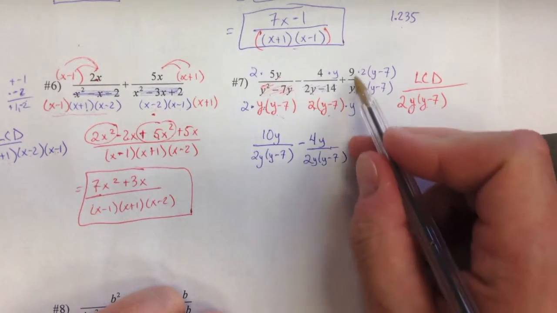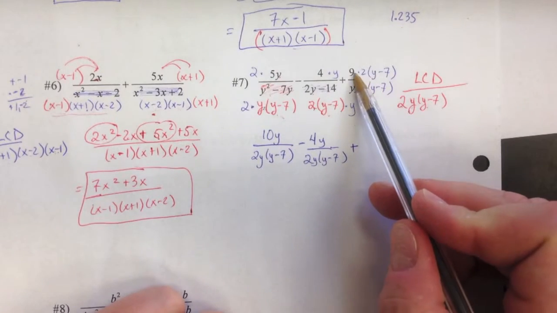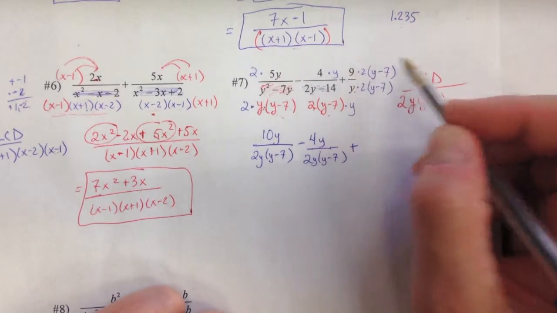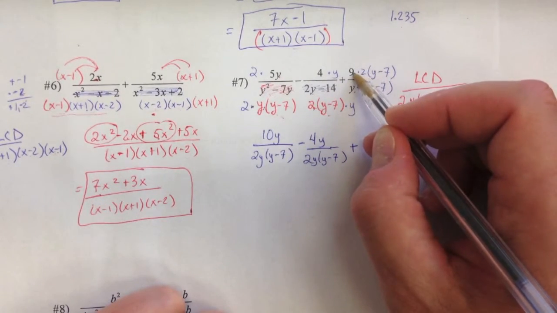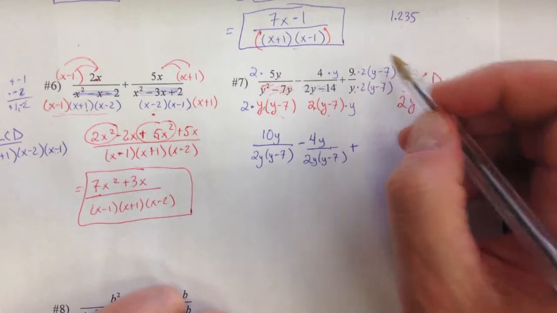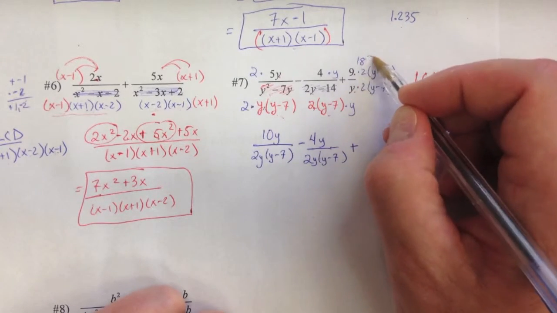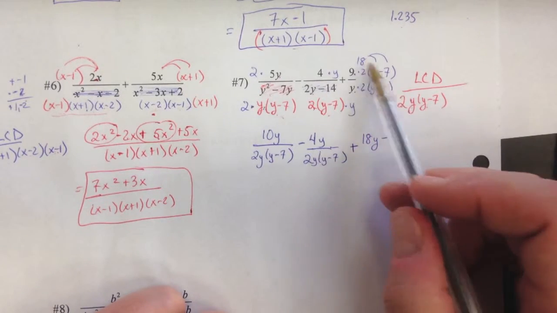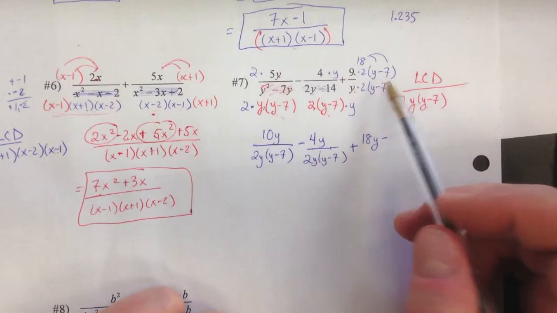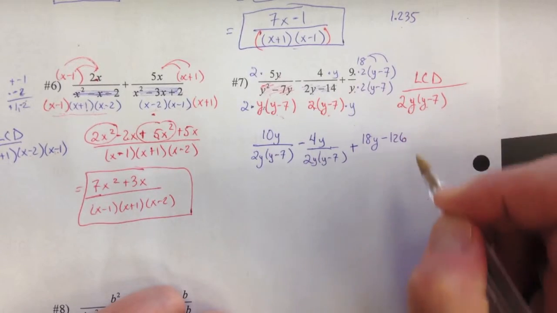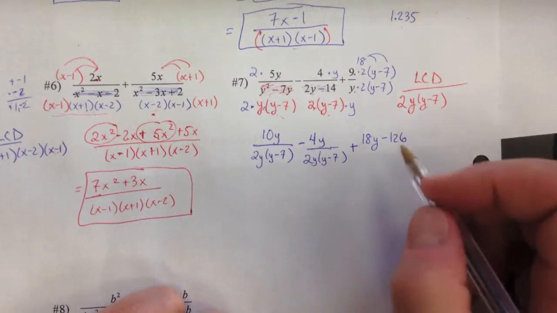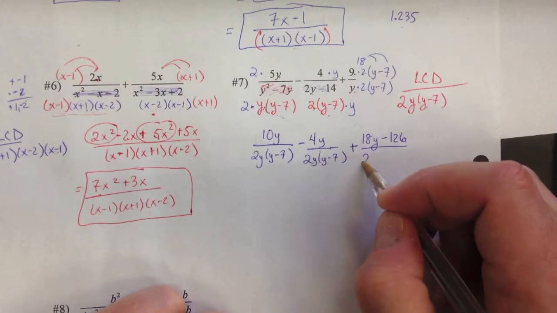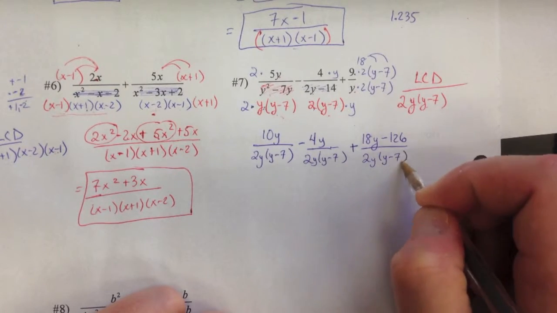The third fraction is going to be, all right, 9 times 2, which is 18. 18 times y minus 7. So think of that there. That's 18, so you're going to distribute that. 18y minus 18 times 7 is 126, minus 126 over 2y times y minus 7.